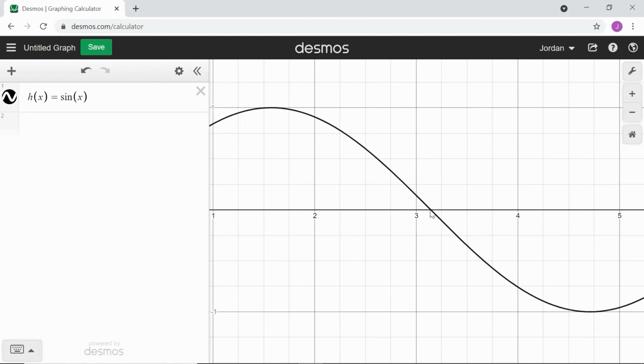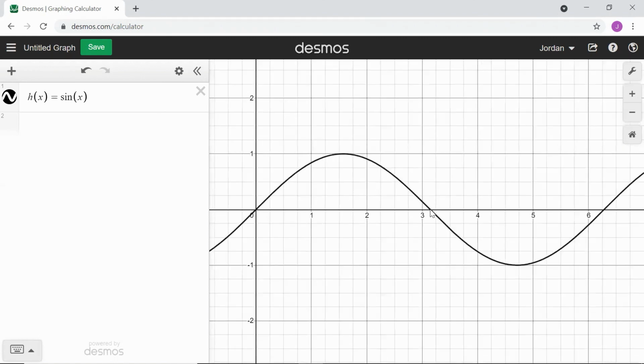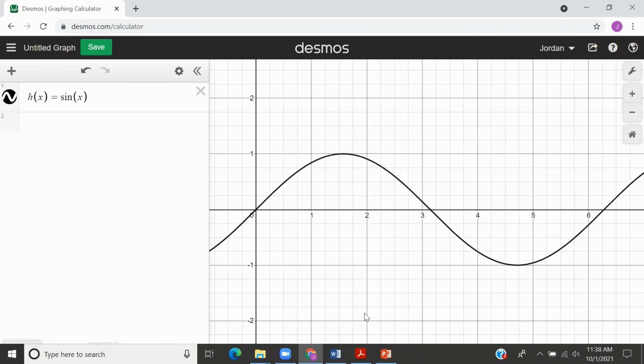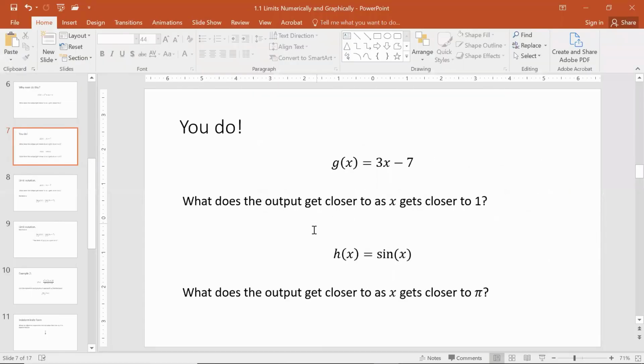Once you see it's hitting 0, yeah, it's hitting 0, but where is pi? It's hard to identify pi on a graph on the x-axis unless you know something prior to. So that's how we figure things out, both numerically and graphically with this example.